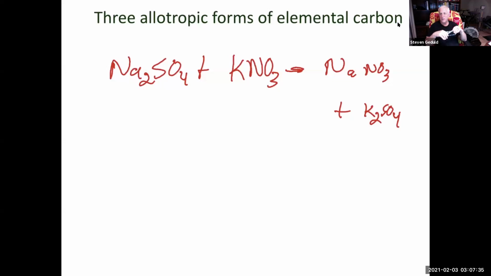Okay, so how are we going to balance it? That's NaNO3 on the right side, right? Yes, there's an arrow right there, that's a reaction. NaNO3 and K2SO4: sodium nitrate, potassium sulfate.